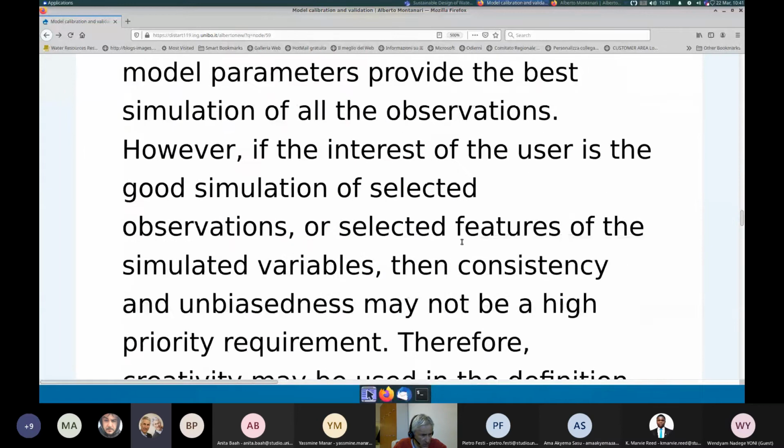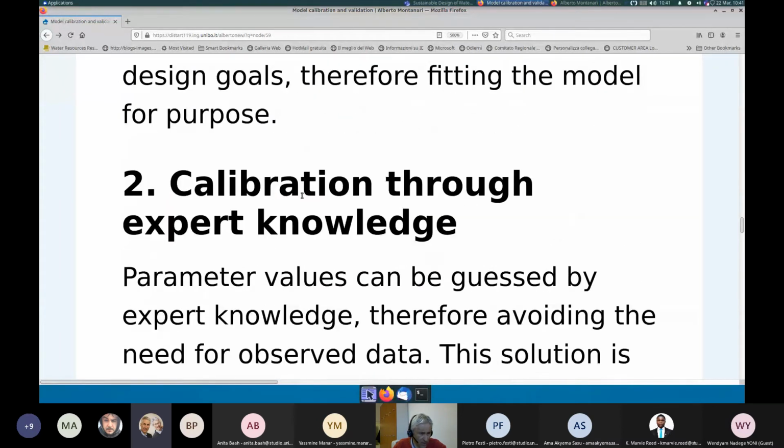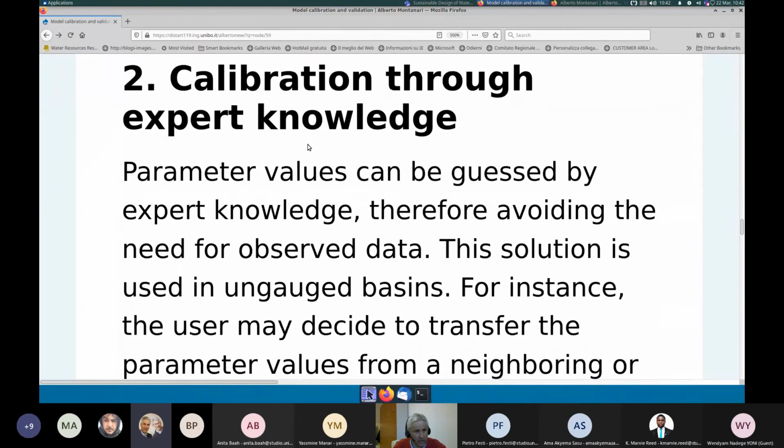Yeah, calibration through expert knowledge. This is what I wanted to discuss. Before I get into this discussion, which is not very quantitative, it's mainly discourse, I want to ask you if you have any question on the objective functions, etc. in what we discussed so far.